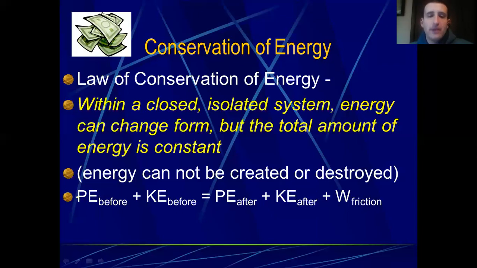So, this looks a little confusing or a little complicated maybe because there's 5 terms here. But the beauty of these problems is very often that one's going to be 0, the work's going to be 0, and a lot of times 2 of the other ones are going to be 0 too. If you think of something as simple as a child sliding down a slide, right? Well, at the top of the slide, he has some big height, but he's basically not moving at the start.